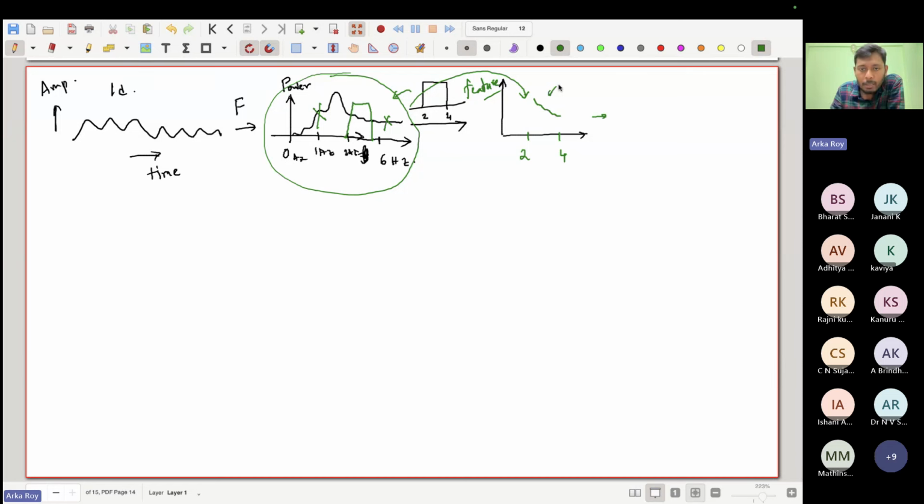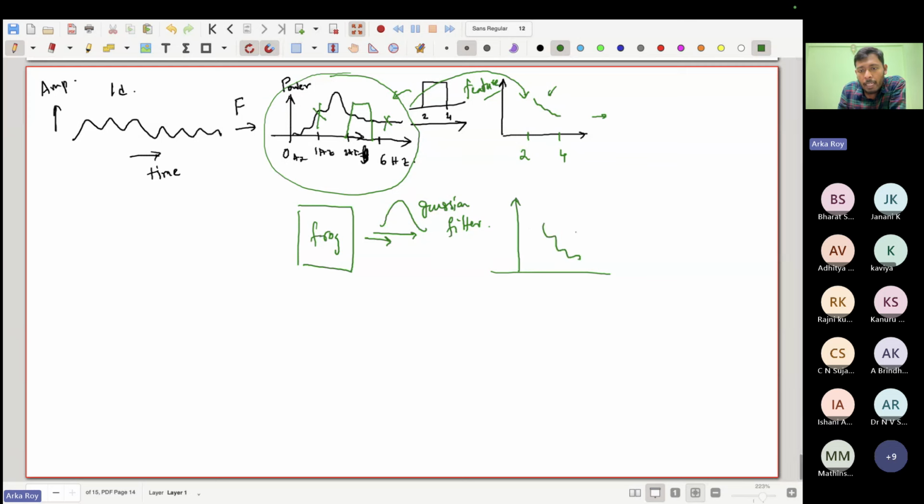In case of images as well, there is an image of, let's say, the frog image that you had seen. If you pass this frog image through a sort of Gaussian filter, you'll see that some part of the frog image will be highlighted.